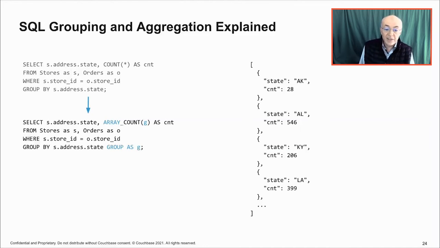We do the same as above: we join the stores and the orders, and then we group them by the state, and then we get this group variable. The count that we have above is just the size of the group variable, the number of records in the group variable. So we can write this down as array count of G, and we'll get exactly the same result.